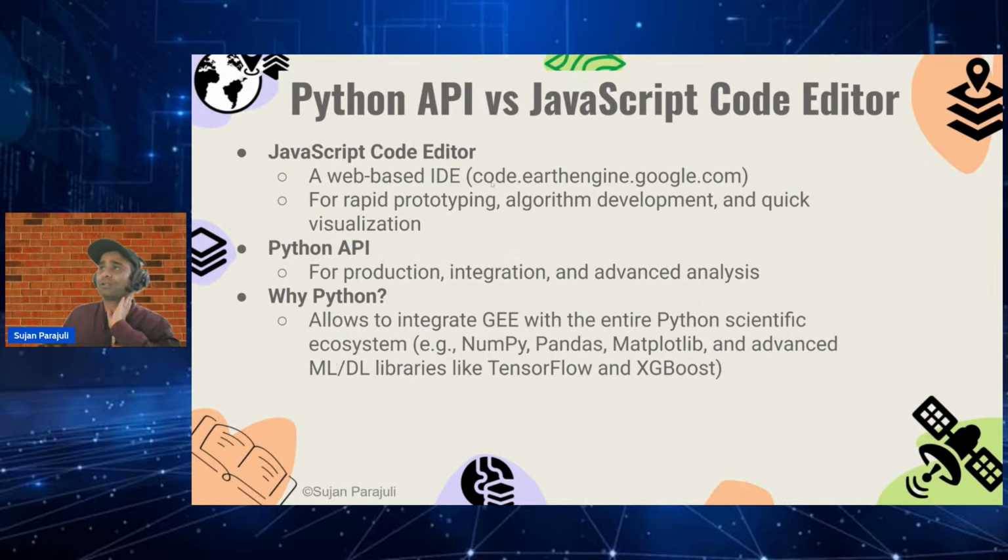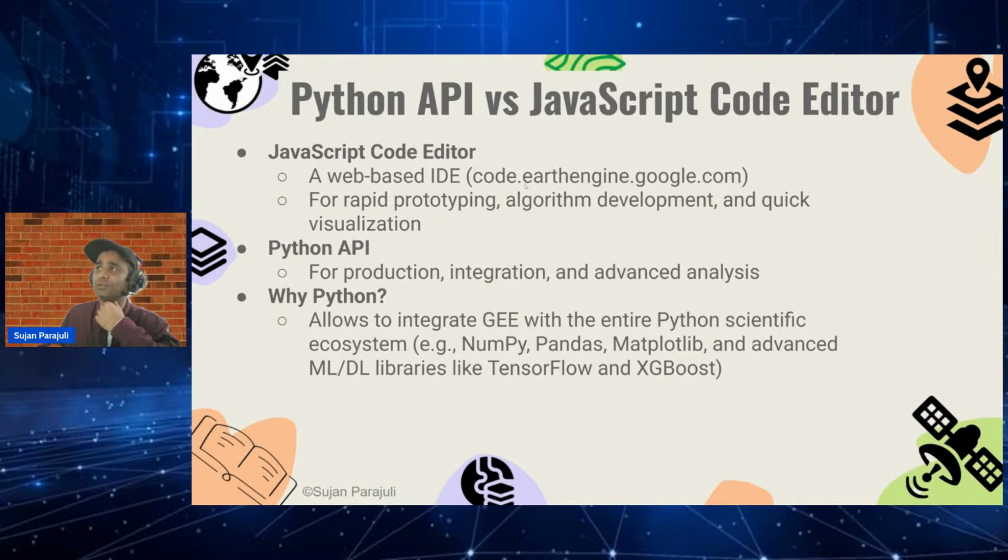On the API side, we have the Python API and the JavaScript API. The JavaScript one is web-based, in an IDE, which is used for rapid prototyping, algorithm development, and quick visualization.